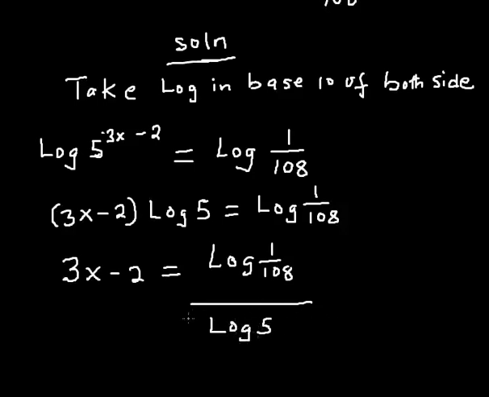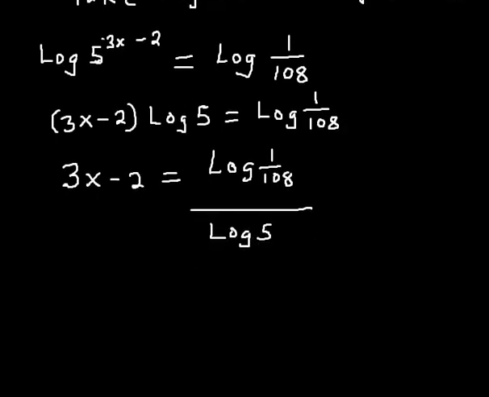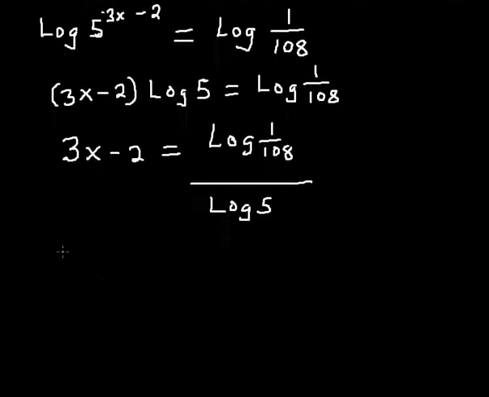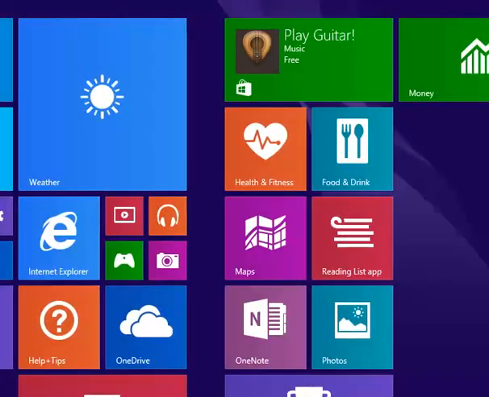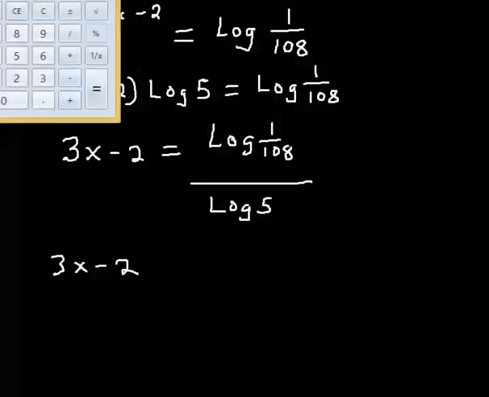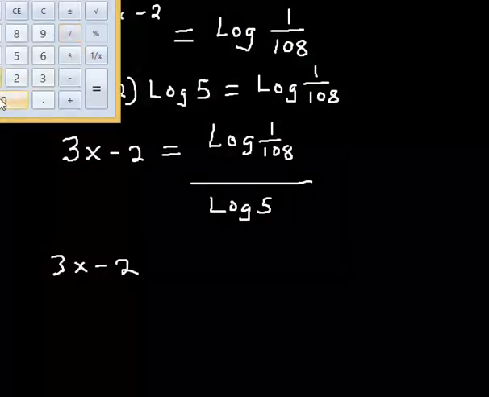Now this is where we use a calculator to simplify. You can use a calculator to find the value of those logs, or you use your 4-figure table. Let's look at the calculator. First of all, I'll do 1 over 108. So I have 0.0092.